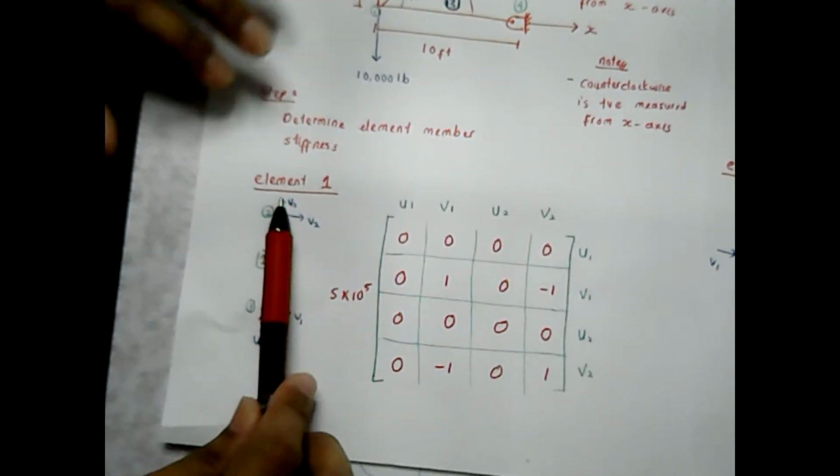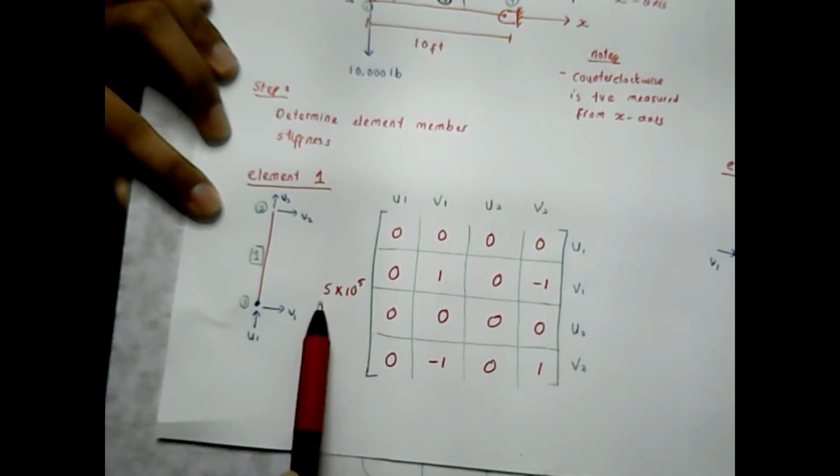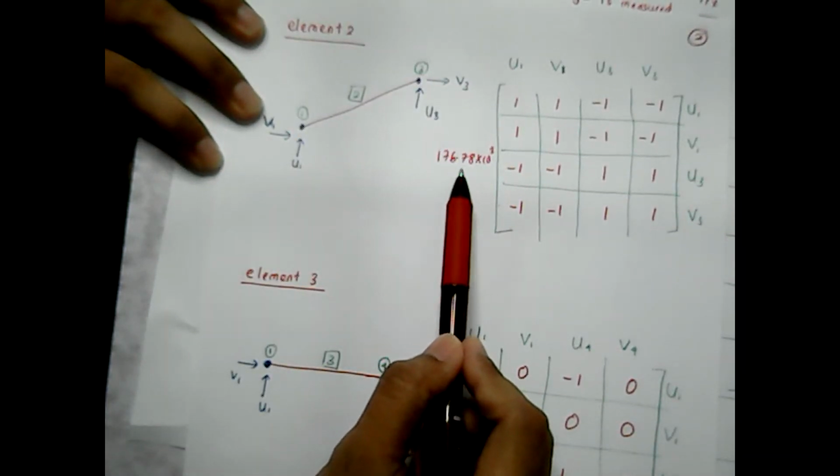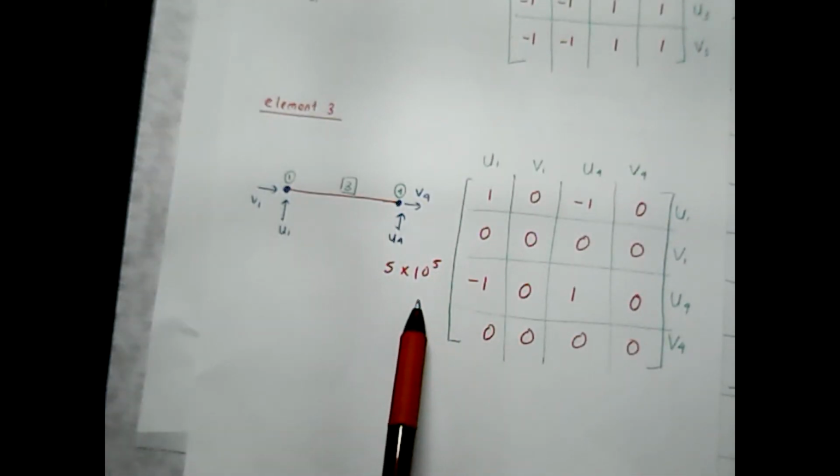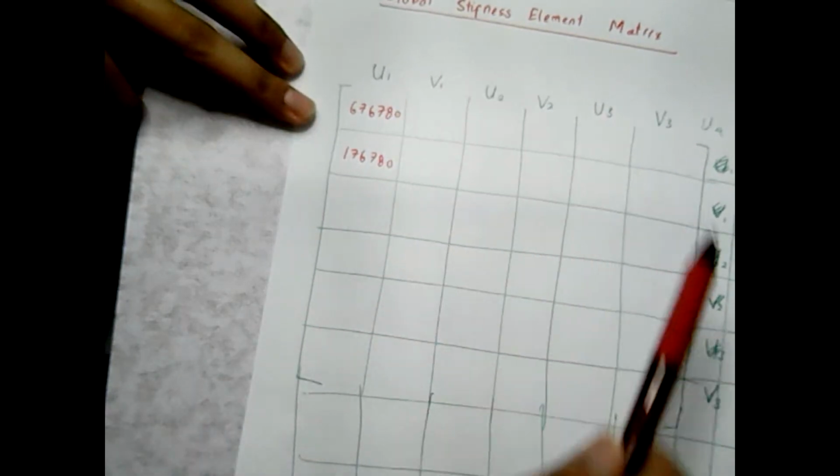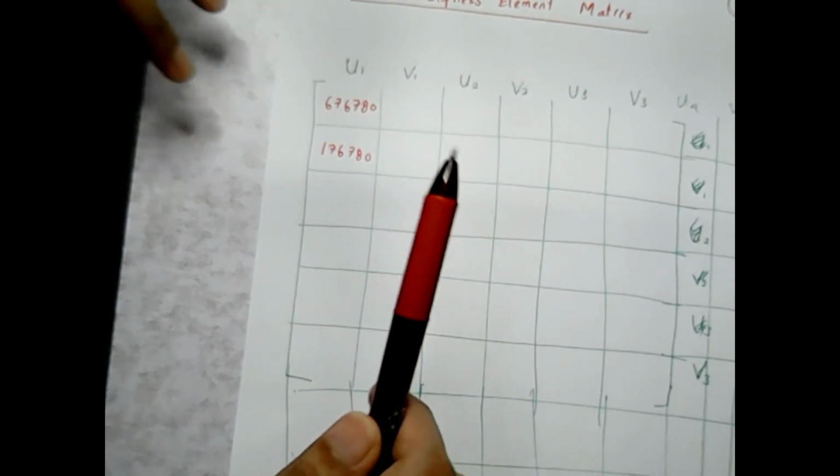For instance, for element 1 the K factor is 5 times 10 to the power of 5, while for element 2 the K factor is 176.78, and for element number 3 it is 5 times 10 to the power of 5. So when you want to add them up in the global stiffness matrix, there are two ways.